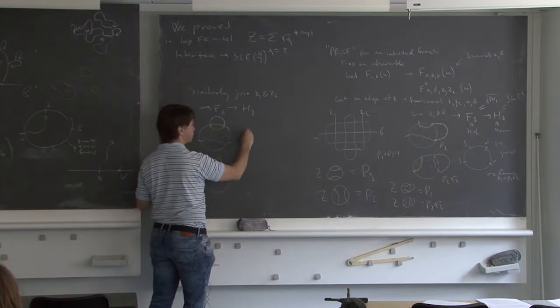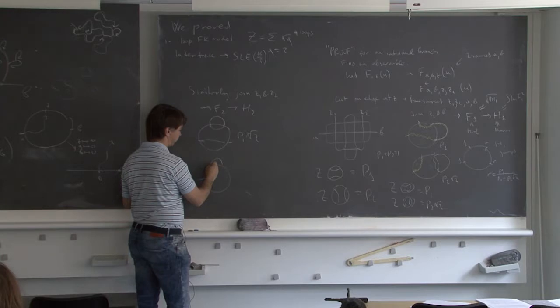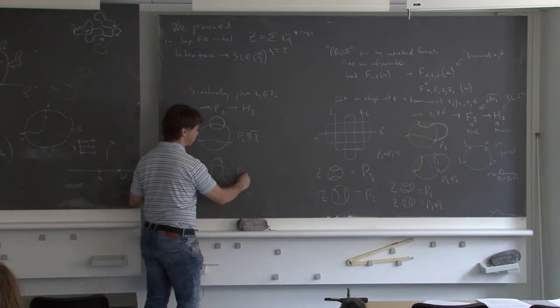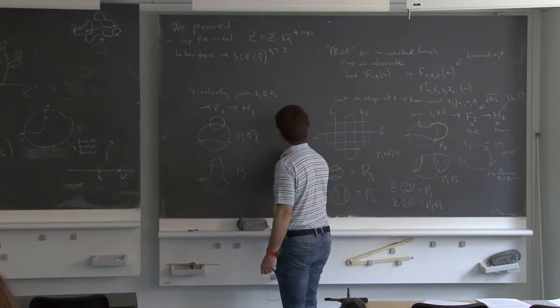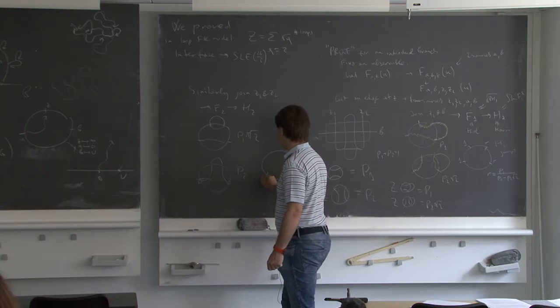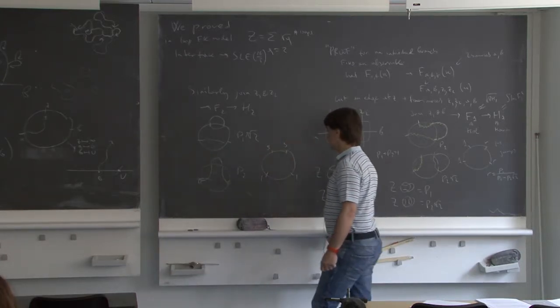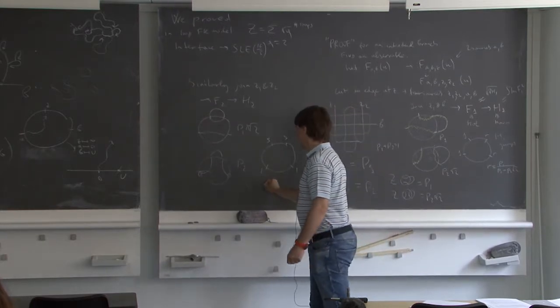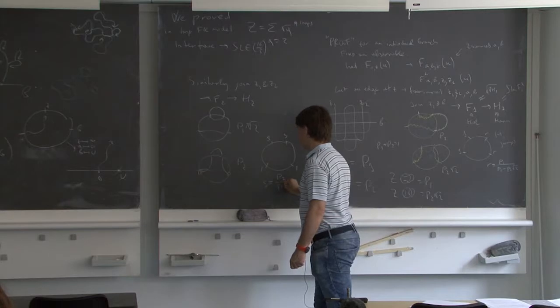Here the partition function is P1 square root of 2 because we created one more loop. And in the second picture, the partition function is P2. So the jumps in the second picture will be slightly different. So you always have jumps here and here. You have jumps 1, 1, S, S. And S will be equal to P2 divided by P1 square root of 2 plus P2.